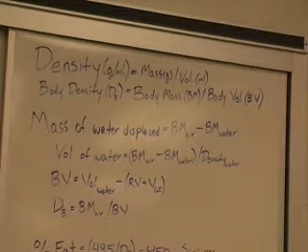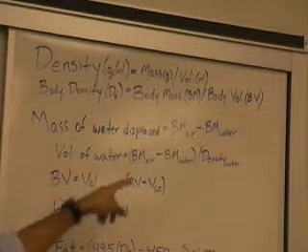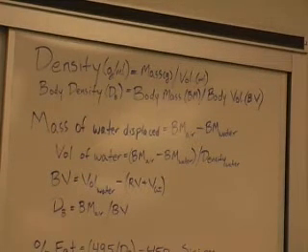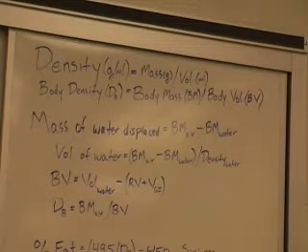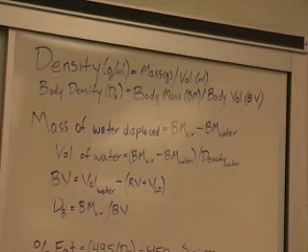That is equal to the mass of water displaced, which is body mass in air minus body mass in water, divided by the density of water. And we can get the density of water based on temperature.